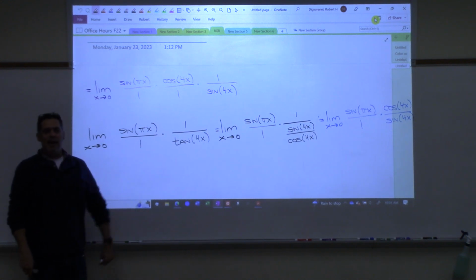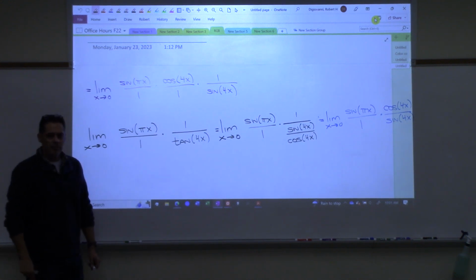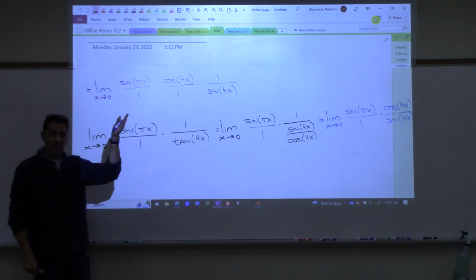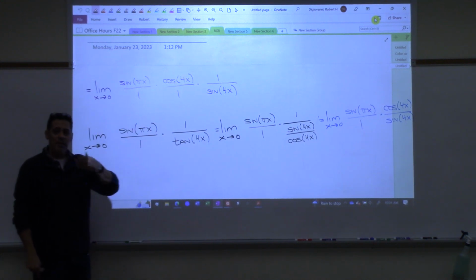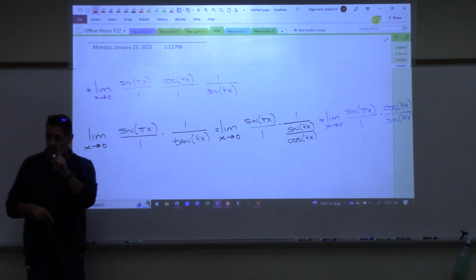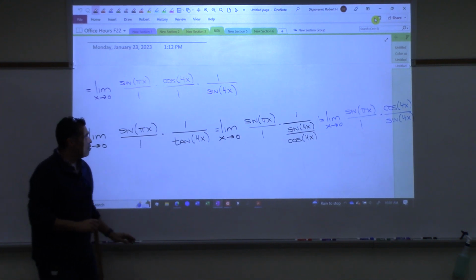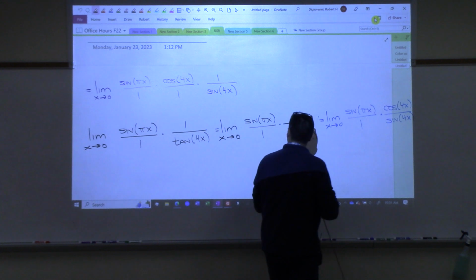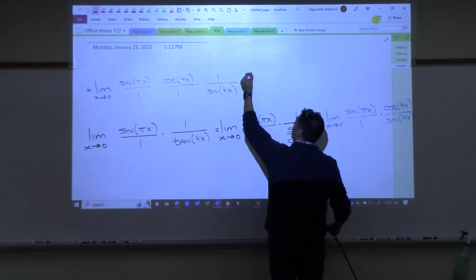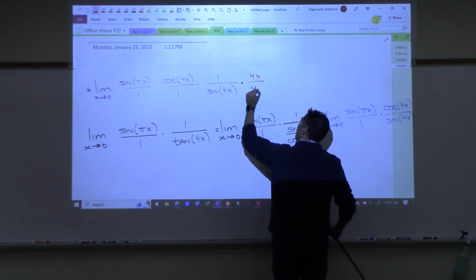So what would I love to have up top? 4x. I can't just throw a 4x on top without also doing it on the bottom, because we can always multiply by 1, can't we? So I'm going to multiply at this point the top and bottom by 4x.